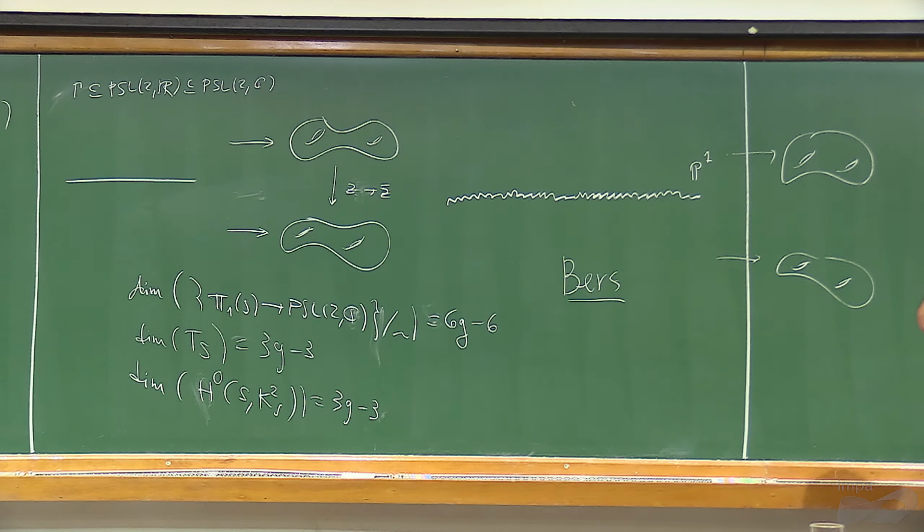If I just do this change of constructing a new projective structure from a given one using a quadratic differential, wouldn't I end up in the same Riemann surface? Yes. And what you're saying here? So I have two copies. Here the quotient has two connected components, and these come by pairs.